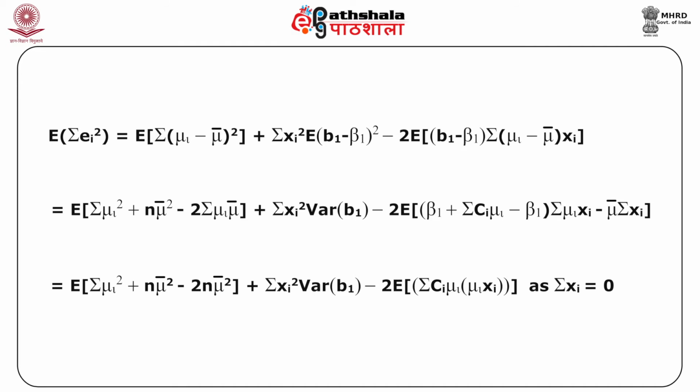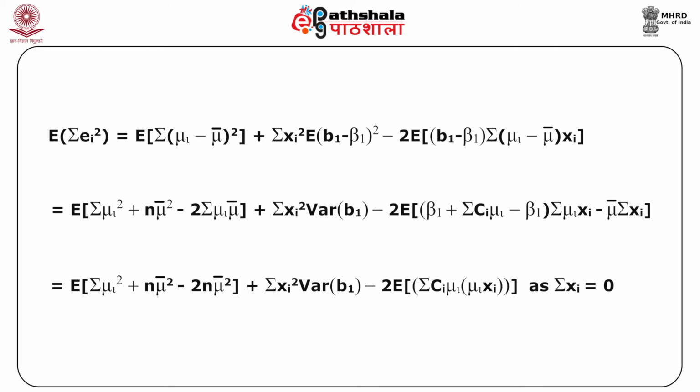Taking expected value of both sides, expectation summation ei square is equal to expectation summation (mu i minus mu bar) whole square plus summation xi square E(b1 minus beta 1) whole square minus 2 expectation (b1 minus beta 1) summation (mu i minus mu bar) into xi, which is equal to expectation summation mu i square plus n mu bar square minus 2 summation mu i into mu bar plus summation xi square variance b1 minus 2 expectation of (b1 minus beta 1) summation ci mu i minus beta 1 into summation mu i xi minus mu bar summation xi.